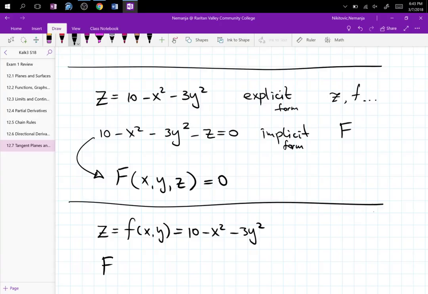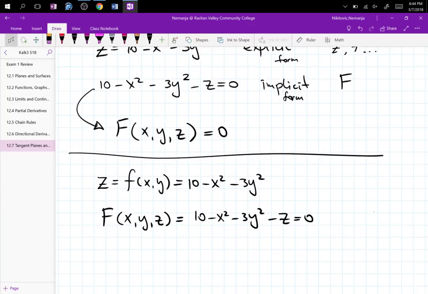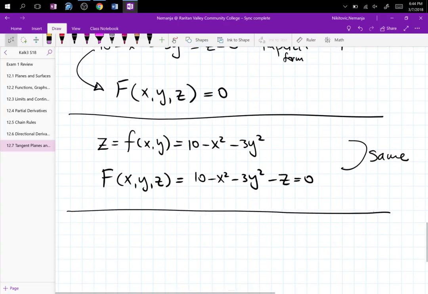Capital F of (x, y, z) is equal to 10 minus x squared minus 3y squared minus z, equal to 0. These two are the same, but they're different notation. One is given as an explicit function, the other as an implicit function, but they trace the same object.